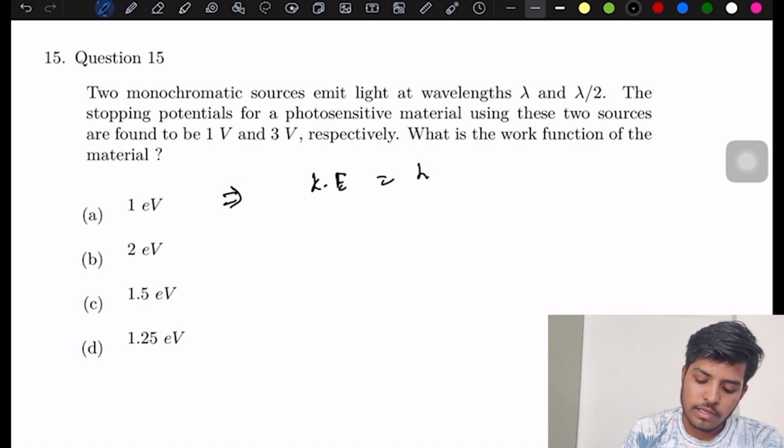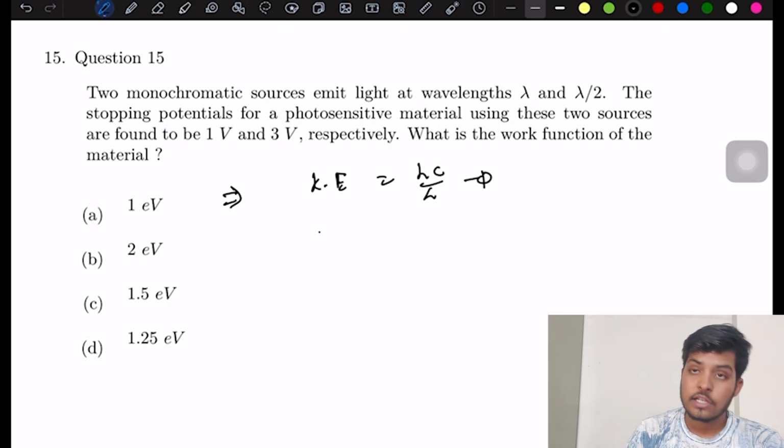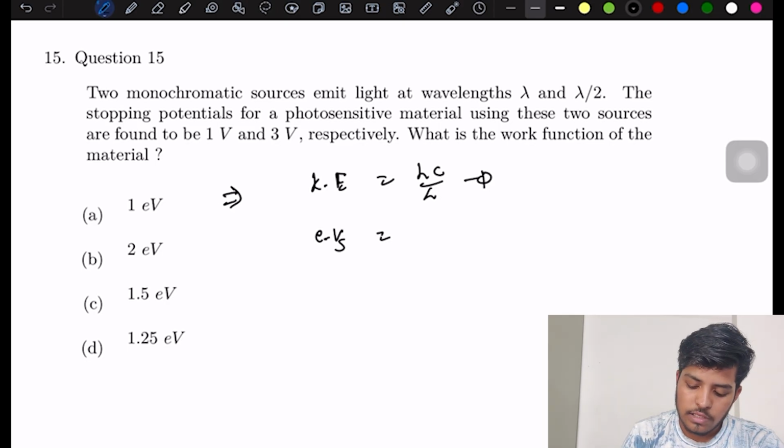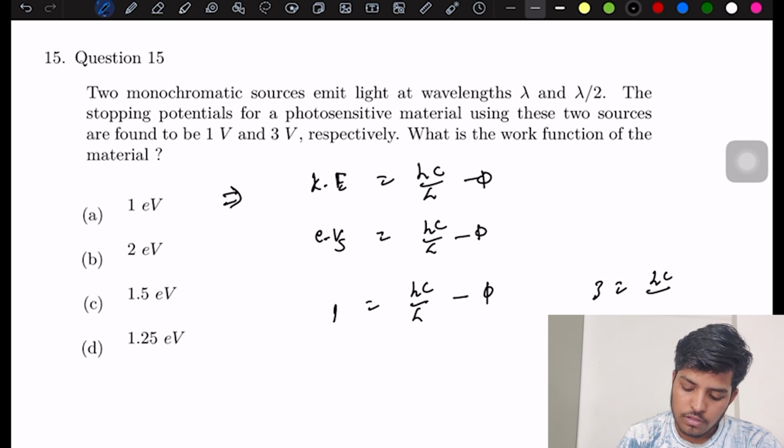Kinetic energy, we know, equals hc upon lambda minus phi, h nu minus phi. So e into stopping potential equals hc upon lambda minus phi. For one of them, 1 equals hc upon lambda minus phi, and for the other, 3 equals hc upon lambda by 2 minus phi.